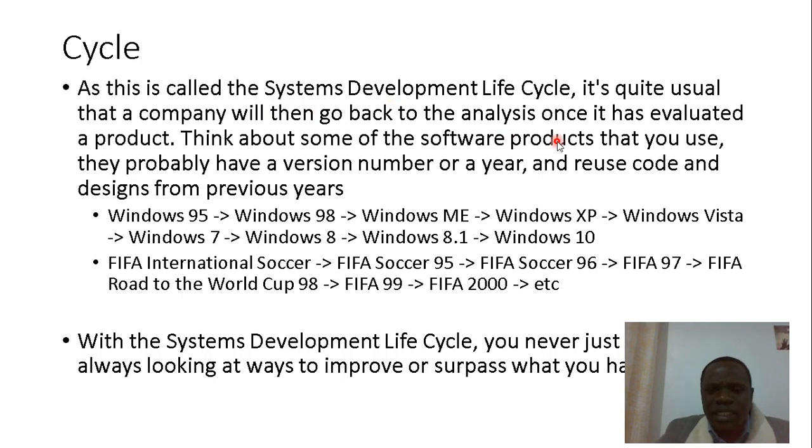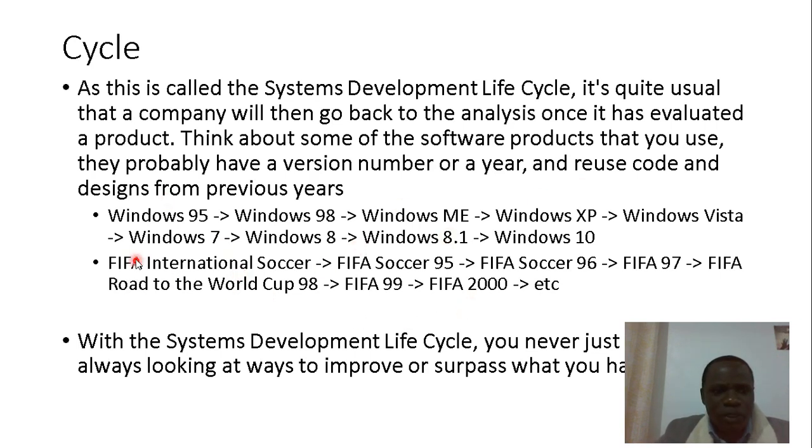The SDLC is quite a usual thing that is always happening. Because it is a cycle, every company will go through analysis several times. They will go through design, development of the code, and the whole cycle through and through as they try to improve their system.